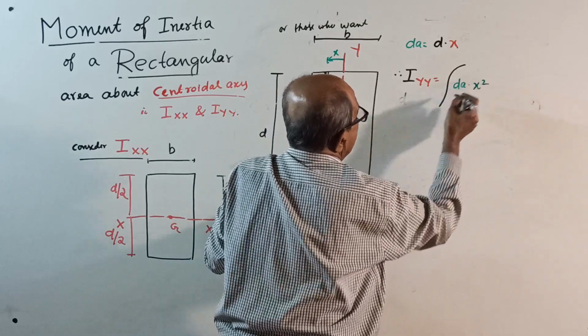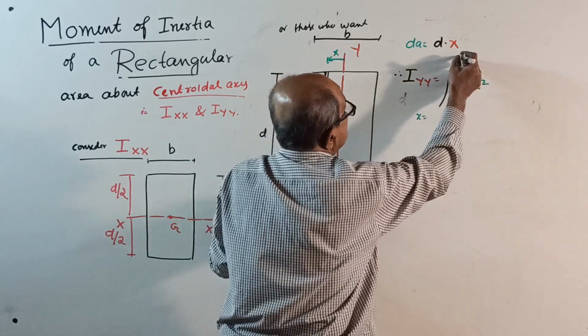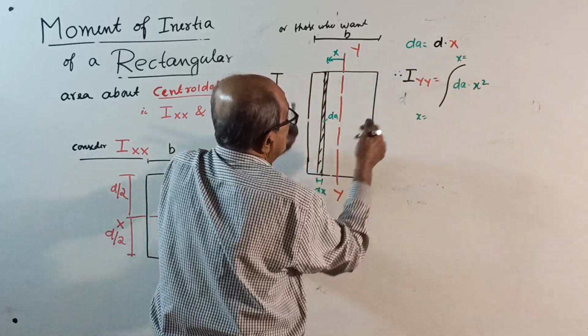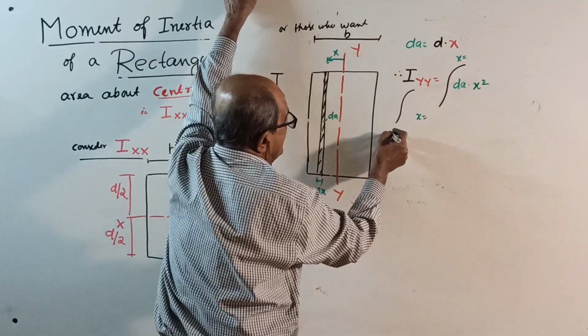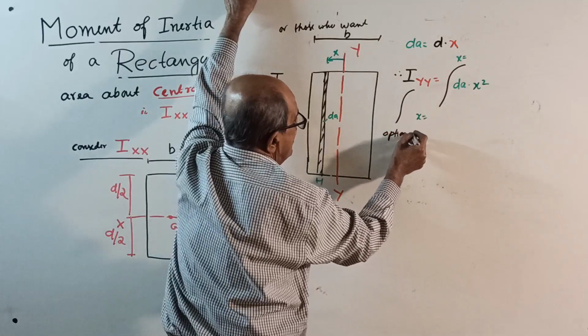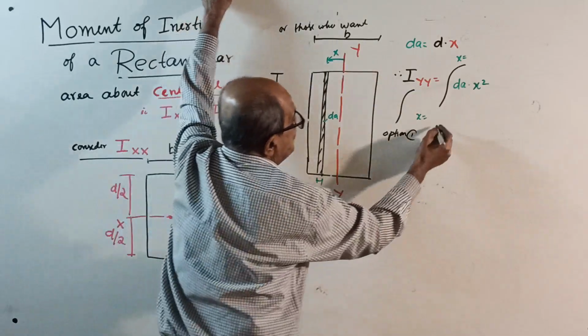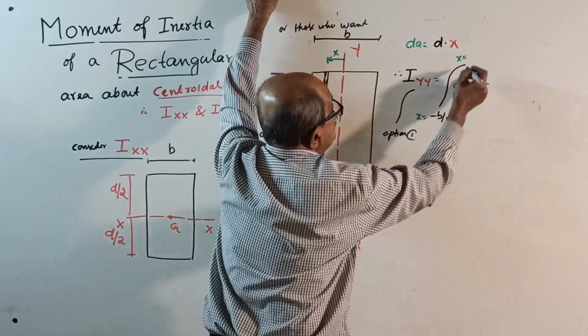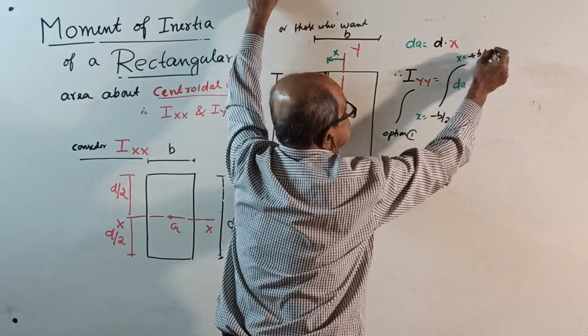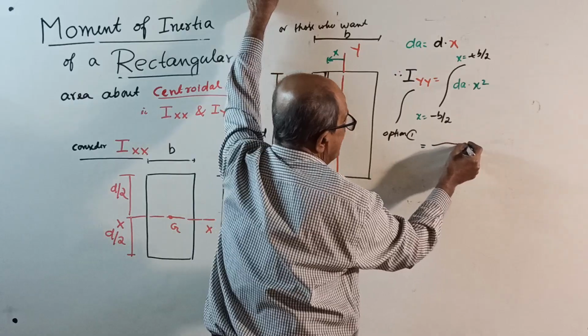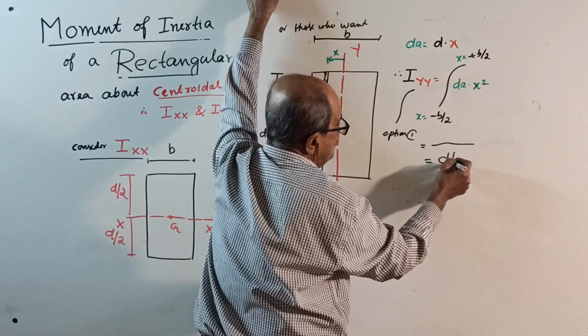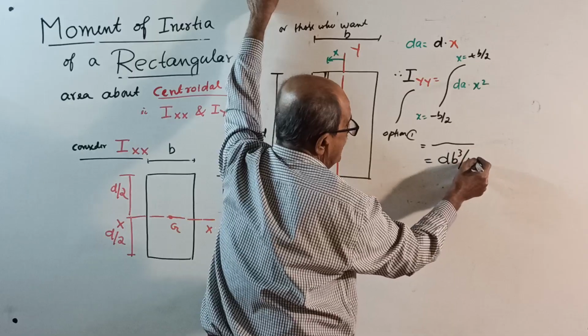Option 1: x varies from minus b by 2 to plus b by 2, when you take x this way. Substitute, you will get the answer d into b cube divided by 12.